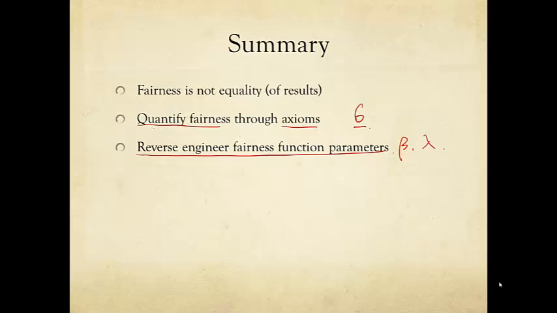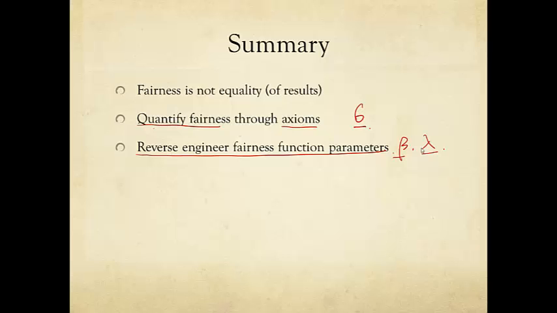So we have seen how to quantify fairness in economic, social, or technological network resource allocation through a set of axioms. And this resembles the kind of axiomatic constructions on voting and bargaining that we saw back in Lecture 6. We didn't have time for this, but in the flipped classroom environment at Princeton, we also will reverse engineer the fairness function parameters such as beta and lambda by asking a sequence of questions to each student.